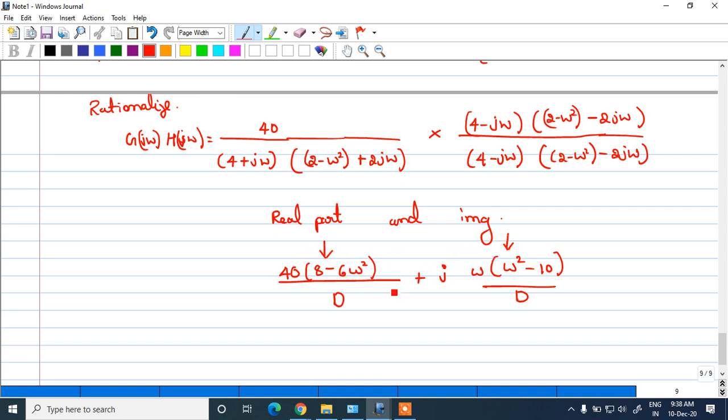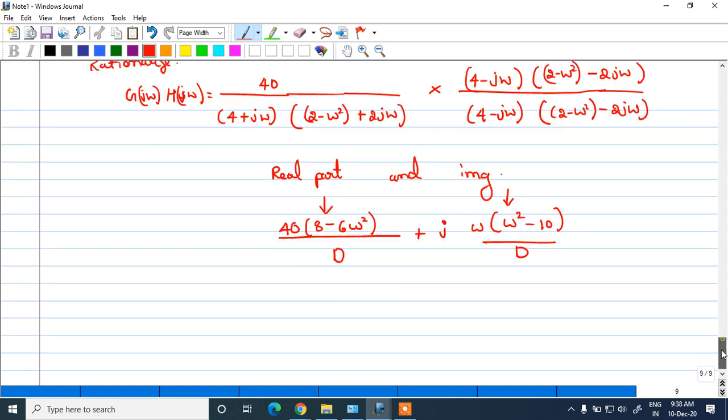Which is in the form of x plus iy. I already mentioned that if you want to identify the point omega pc, follow this method: substitute the imaginary part to 0.